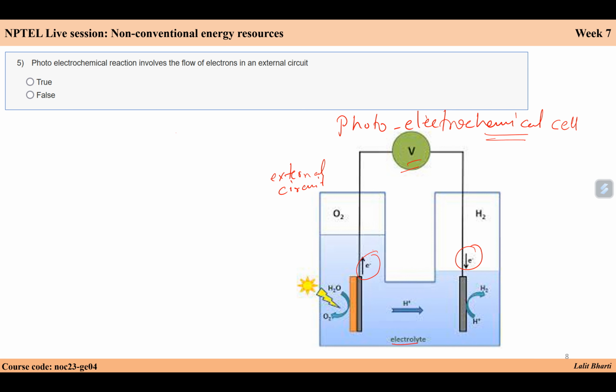So the statement is true that yes, in the photoelectrochemical reaction, there is a flow of electrons in the external circuit.